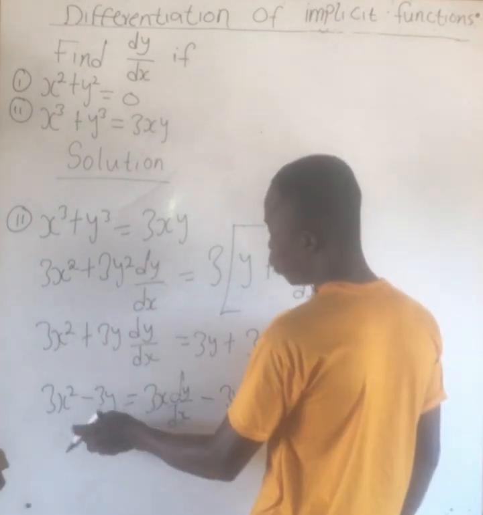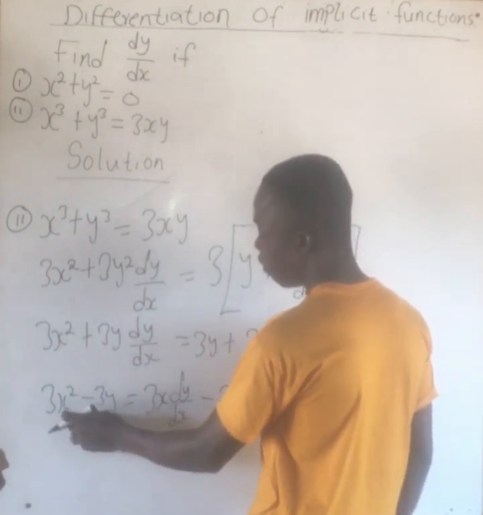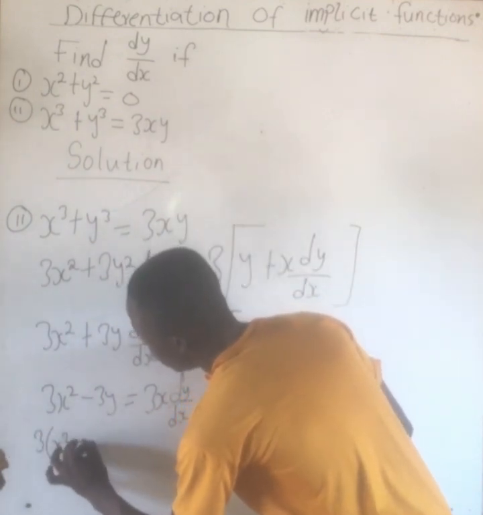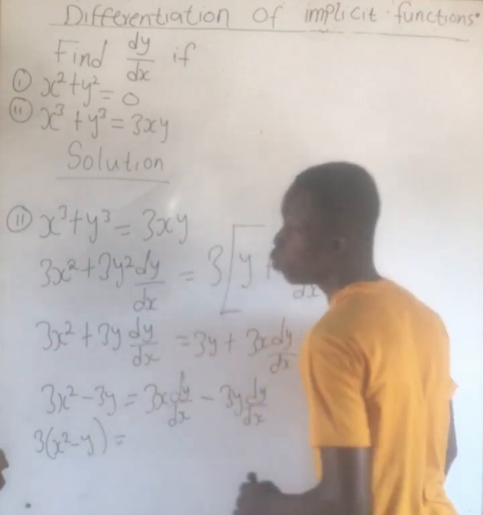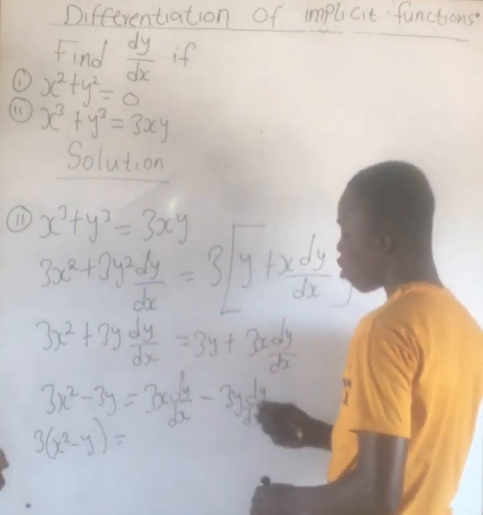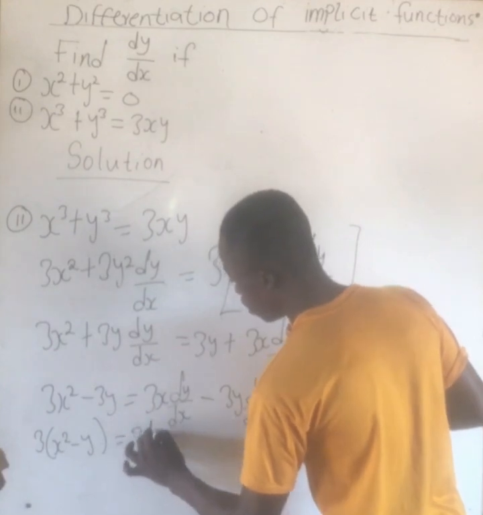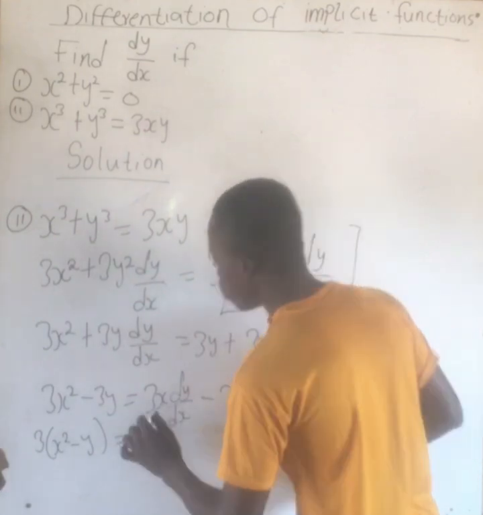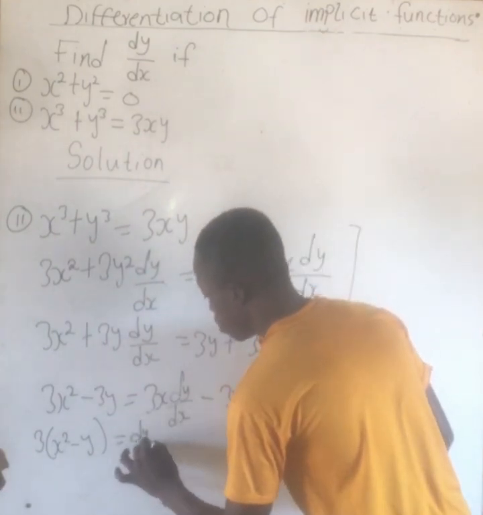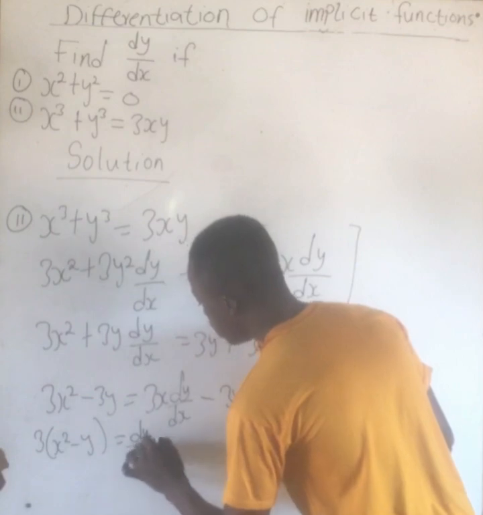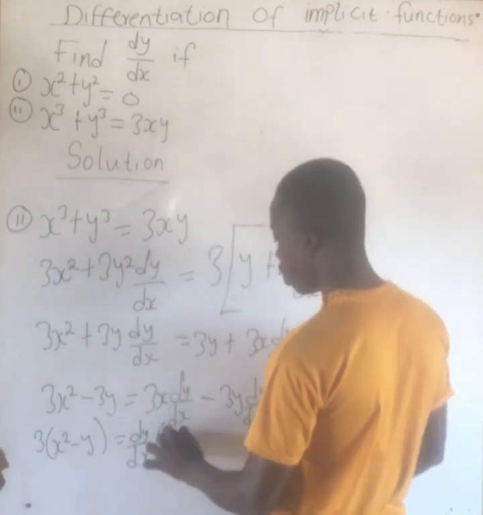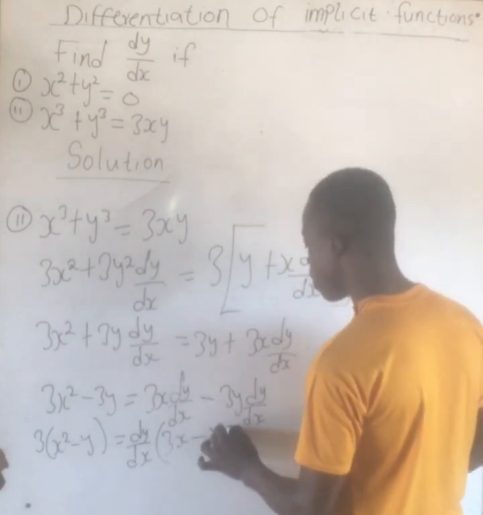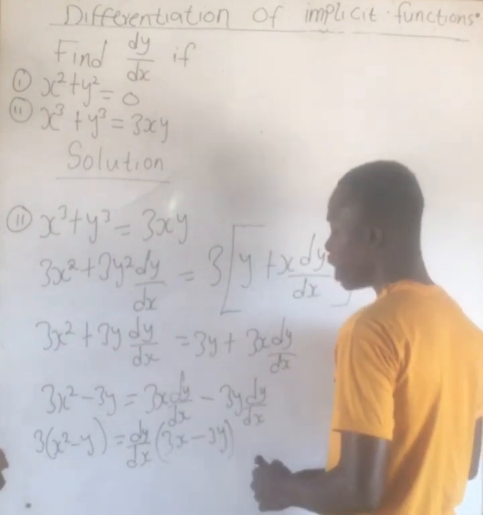So now here, what can we do? We can factorize 3 out, so that will be 3 out, x squared minus y equal to, we can factorize dy over dx out first, so that will be dy over dx multiplied by 3x minus 3y squared. Alright, so now we have it at this.